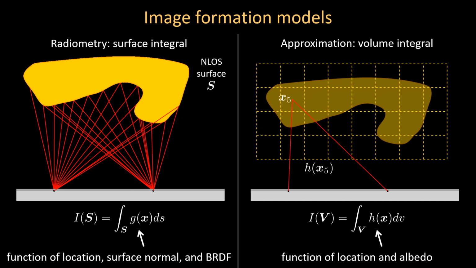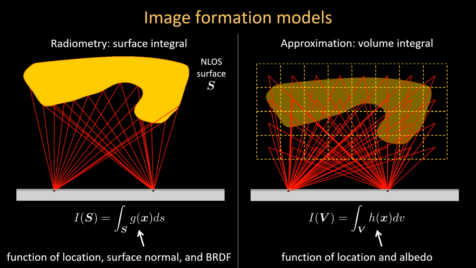Instead of using this radiometric model, most prior work relies on an approximation, which represents the non-line of sight scene not as a surface, but as a so-called albedo volume of semi-transparent isotropic reflectors. Under this model, the measurements of the sensor can be written as a volume integral, accumulating contributions from all voxels in the scene.